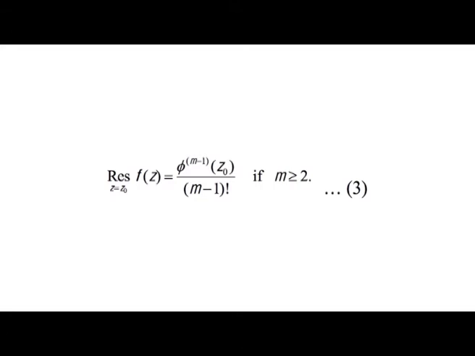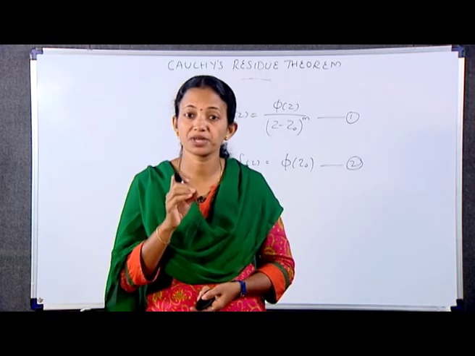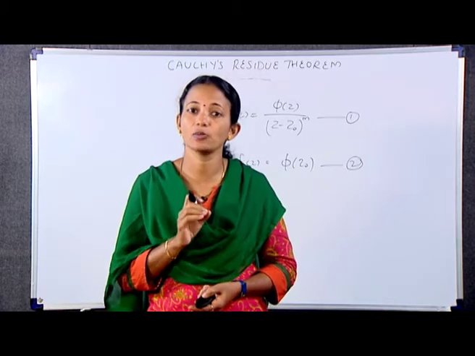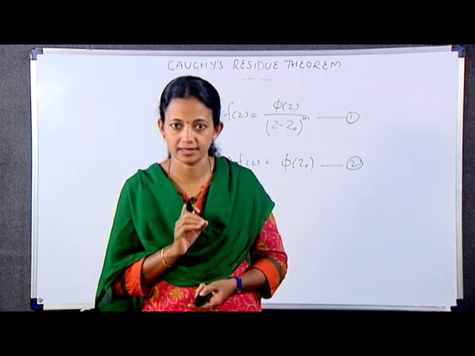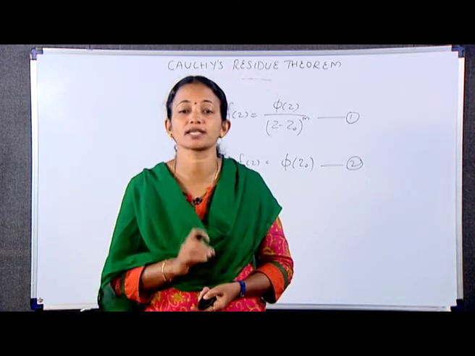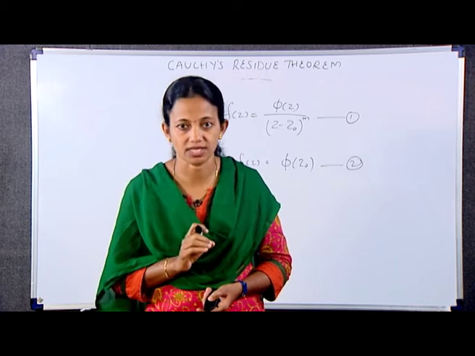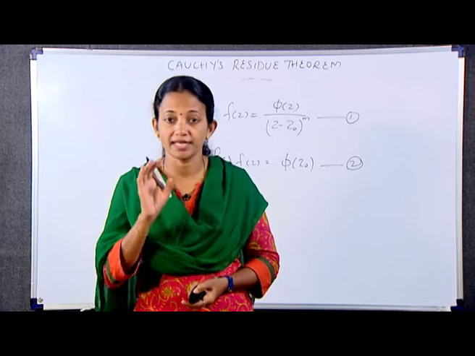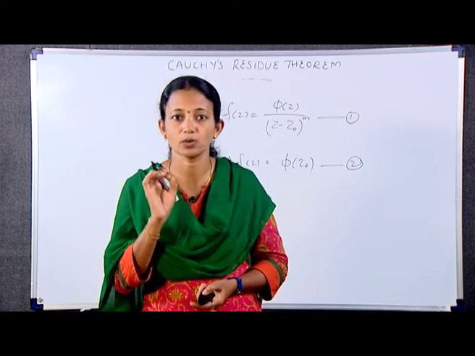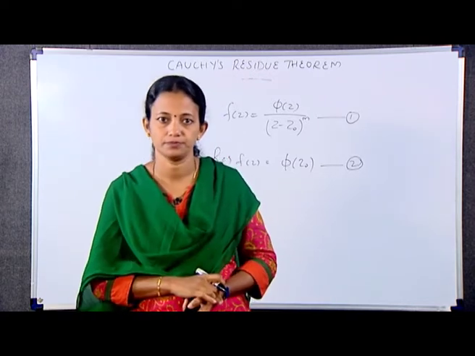That is our equation number 3. The expression 2 need not have been written separately, since with the convenience that phi^0(Z0) is equal to phi of Z0 and 0 factorial is equal to 1, expression 3 reduces to it when m is equal to 1.